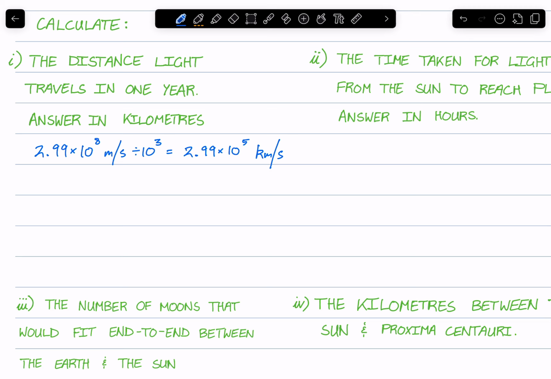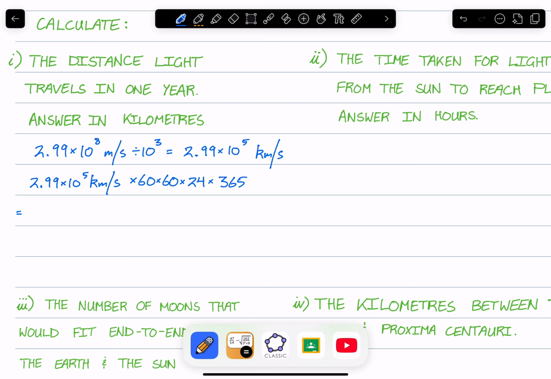And so now we can start multiplying this value until we convert seconds into a year. So 2.99 times 10 to the power of 5 kilometers per second. If we now multiply this amount by 60 seconds to make a minute, times by 60 again, that gives us the hour, times 24 hours gets us a day, and then times 365 gets us the full year.